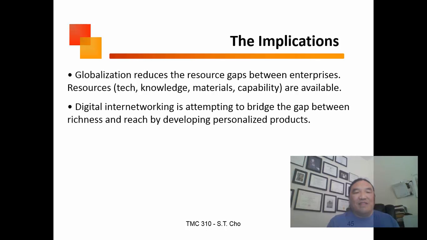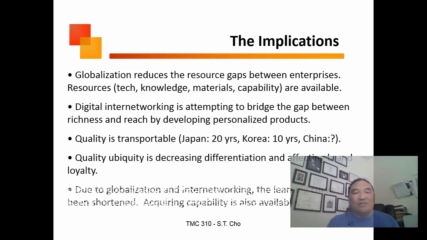But the big thing about the internet is it broke all those barriers down. And so knowledge is no longer a gap because of the web. Quality is transportable. And with richness and reach, everybody has access to the same channels.